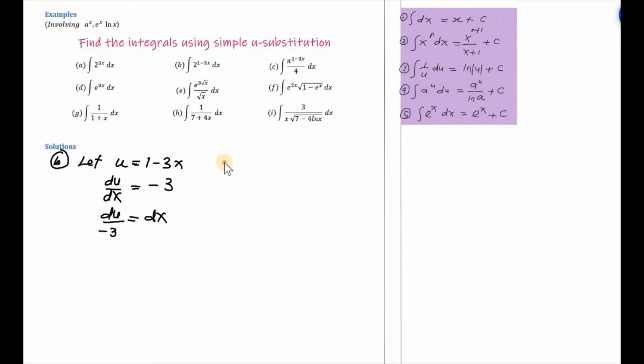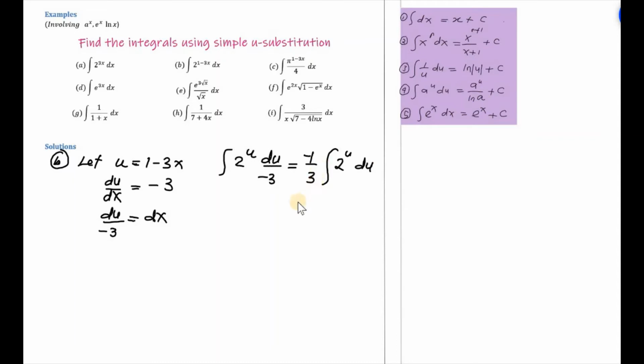Change everything in terms of u, so eventually it becomes 2 power u. What is dx? dx is du over negative 3. Before you consider integrating, put your constant in front, and there you have the integral of 2 power u du.